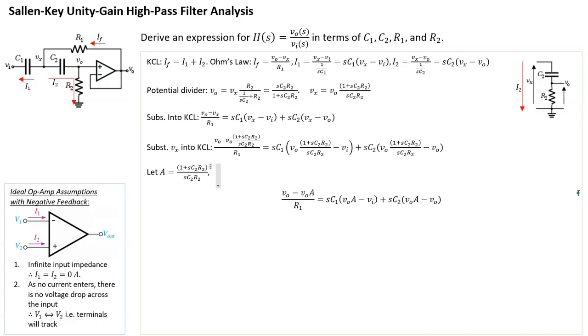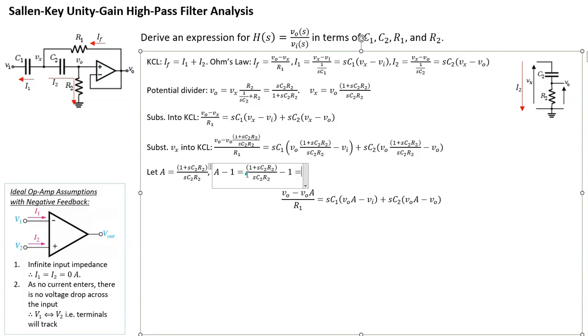So what's A minus 1? Well, A is this, and then minus 1.